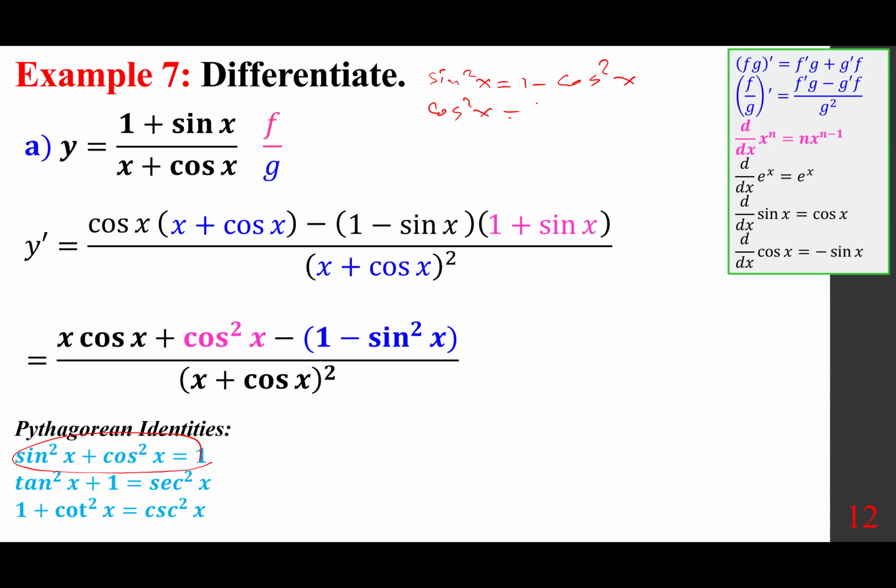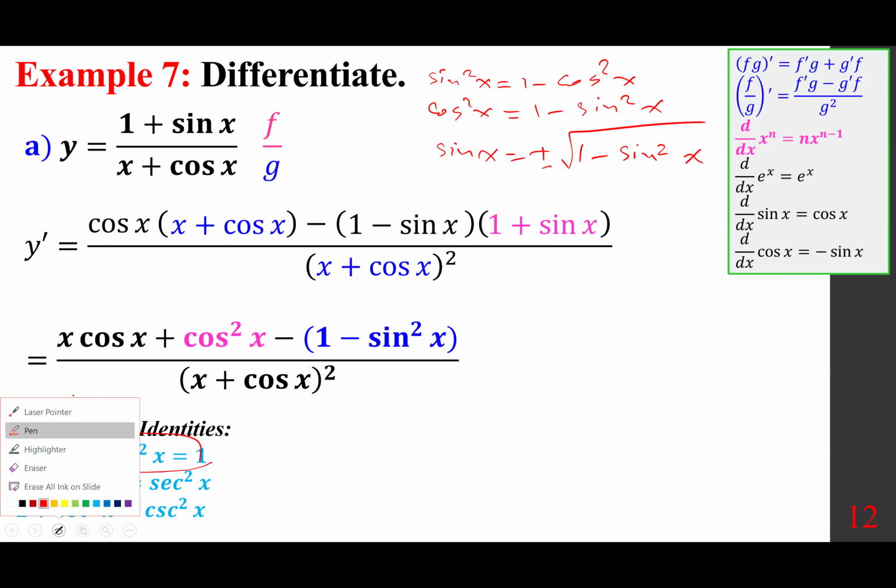Cosine squared is 1 minus sine squared. Sine x is plus minus the square root of 1 minus sine squared. You don't have to write any of them. It should be obvious, okay? And of course, plus minus, you make a decision based on the quadrant.